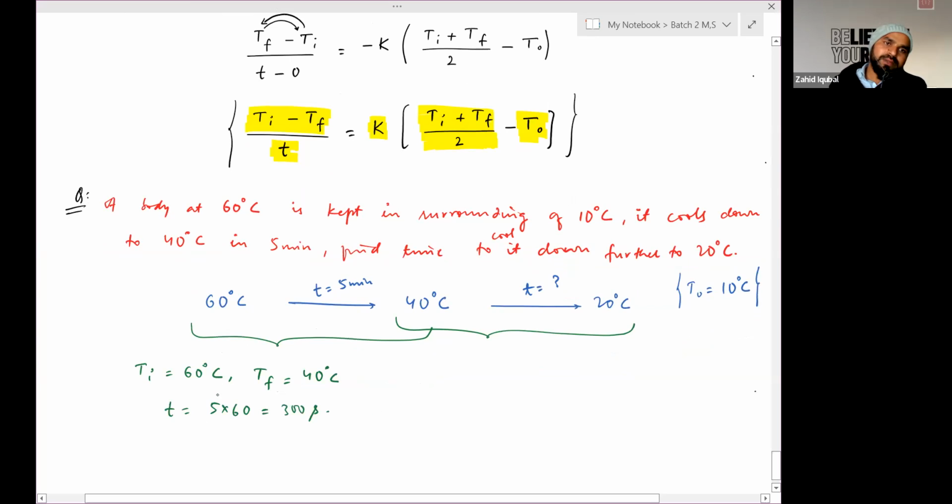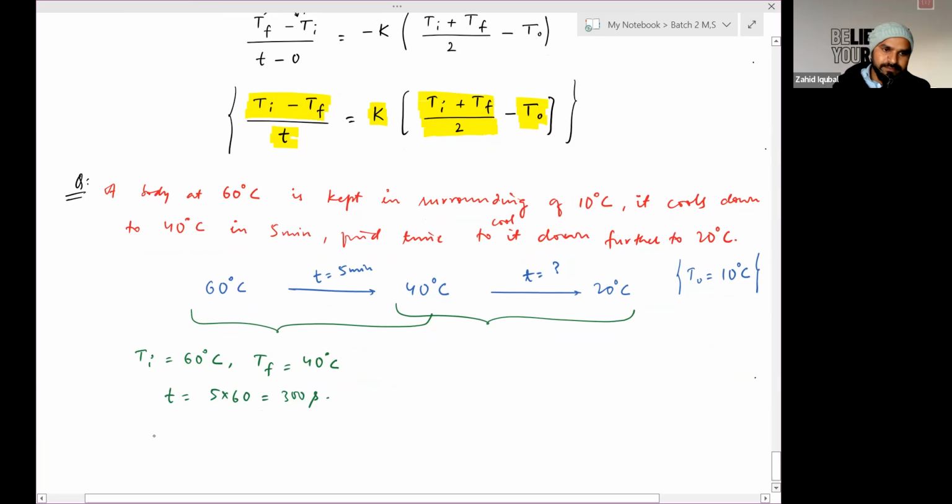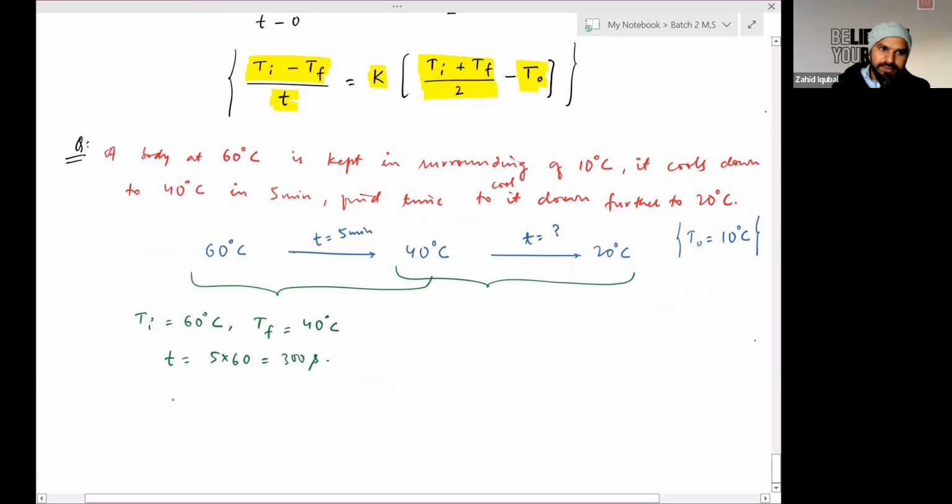If you put these values in the above formula, you will get T initial 60, T final 40, time taken 300, K, (T initial 60 plus T final 40) divided by 2 minus temperature of surrounding 10. So it will be your first expression.